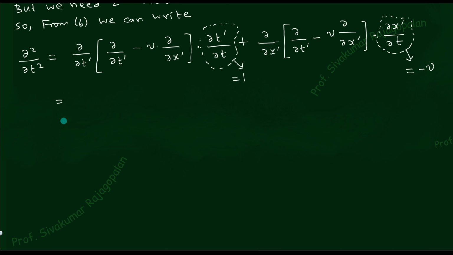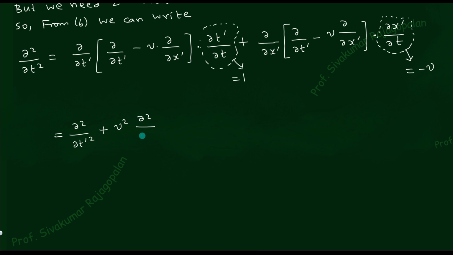If you put them in and simplify, let me erase this equal to, as that space is not enough. What is ∂/∂t' of ∂/∂t'? It is a second order derivative, so I'm writing ∂²/∂t'². Only one term is there. Then afterwards, you search for space terms. The space term has a minus v, so that must become a plus v², then ∂²/∂x'².